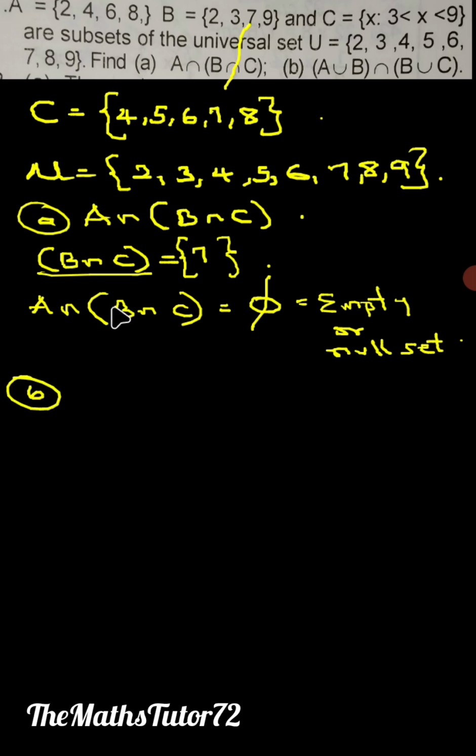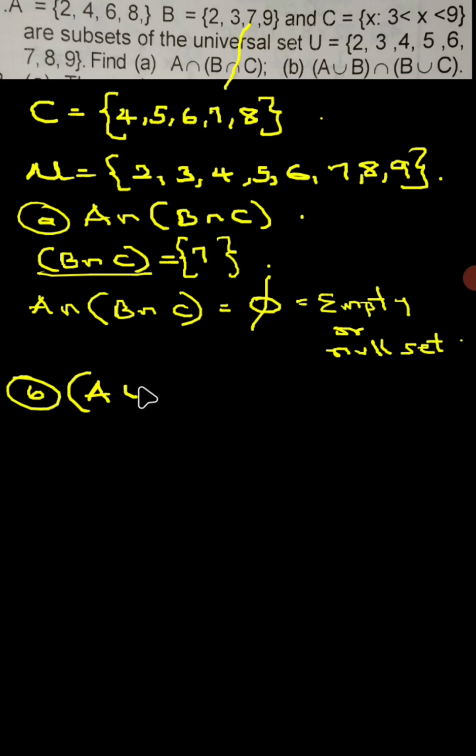Now we go to B. B says we should find A union B intersection B union C. Let's write that. So we do it one after the other, like we find A union B first.